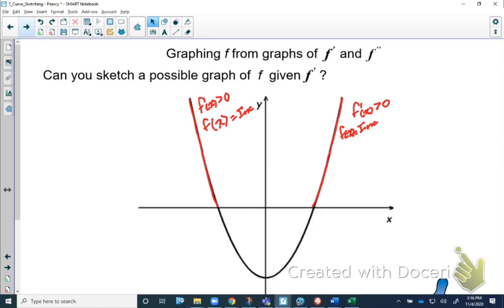Now, on this part of the quadratic, we're showing you that the derivative, since it's less than 0, tells me that my function itself must be decreasing along that interval.